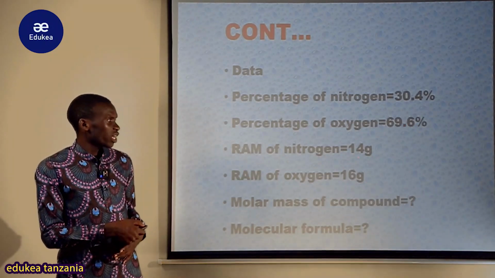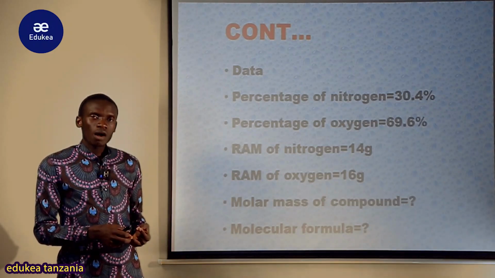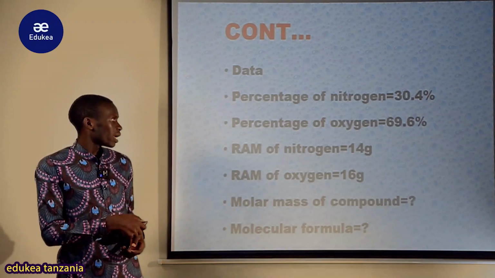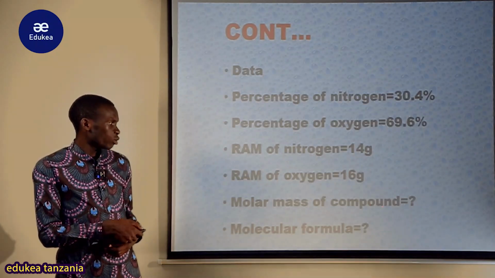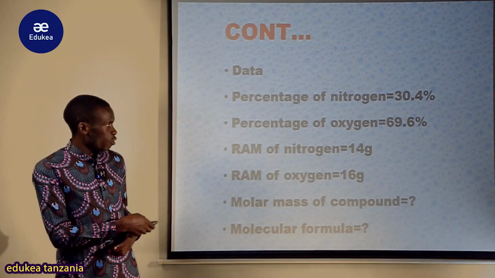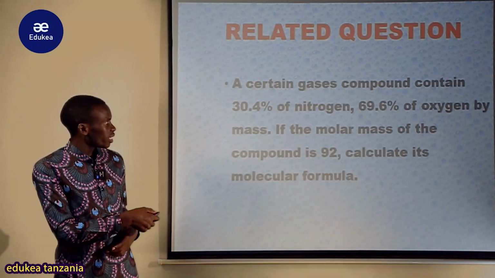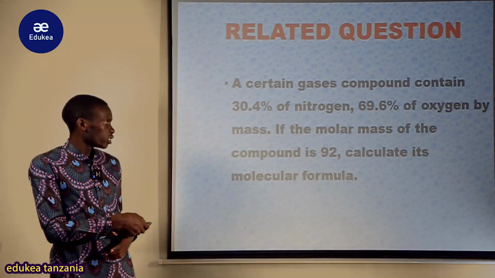Relative atomic mass of nitrogen is 14, because its atomic number is 7, and relative atomic mass of oxygen is 16. The molar mass of the compound given in the question is 92.